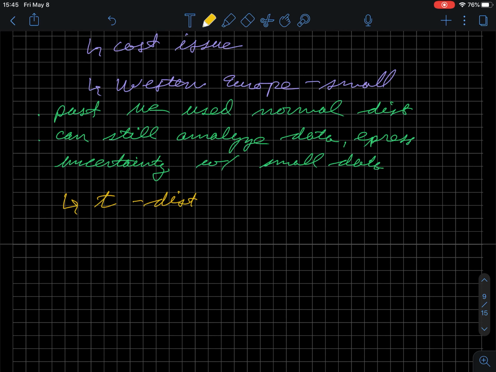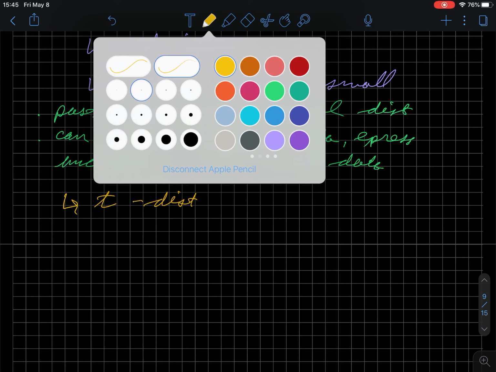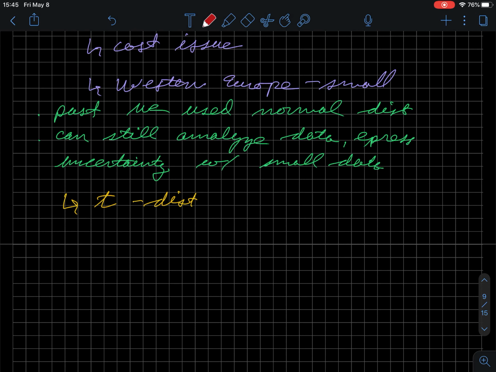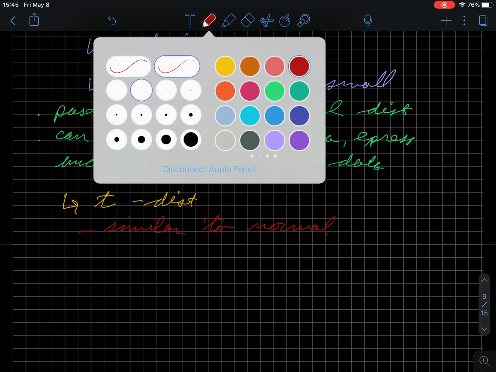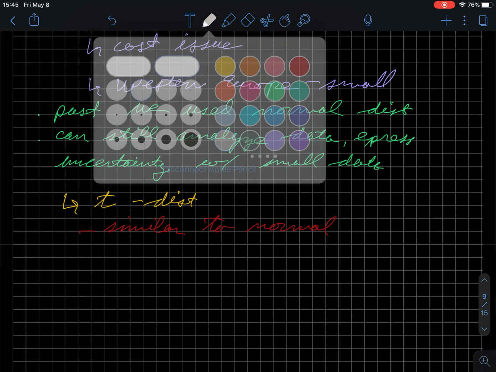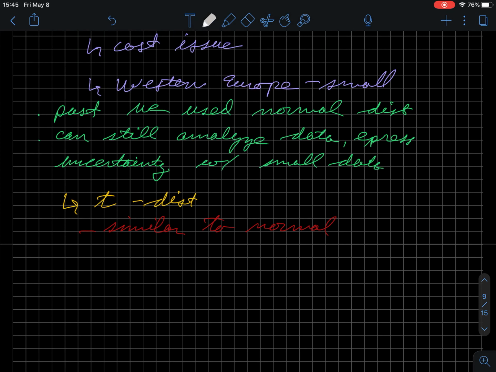So let's cover a few things to keep in mind, right? So one thing is, this is similar to the normal distribution. So it's similar to the normal: it's bell-shaped and symmetric.